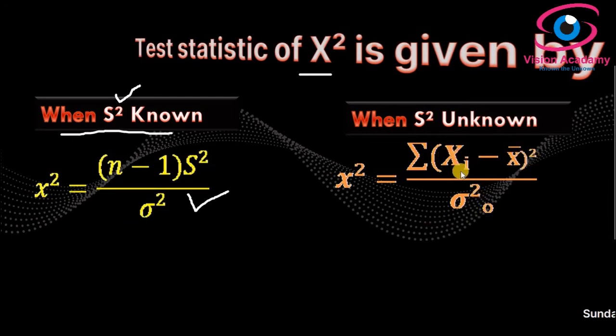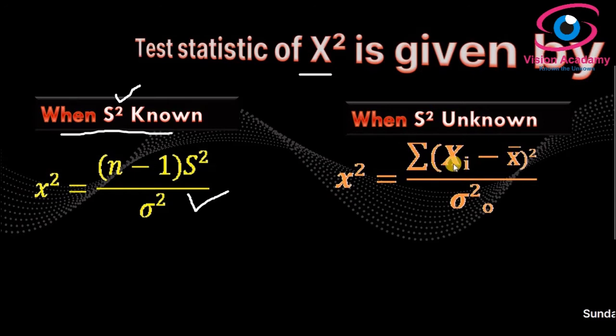Here xi are the sample values, and x bar is the mean of the sample, which we need to calculate. We take the summation of the squares, and after calculating summation of (xi minus x bar) whole square, we divide it by the population variance.